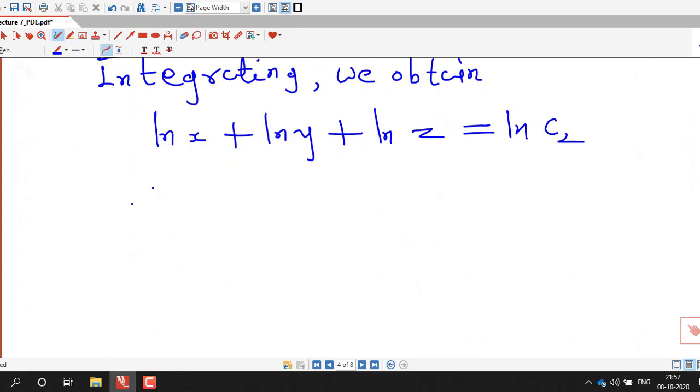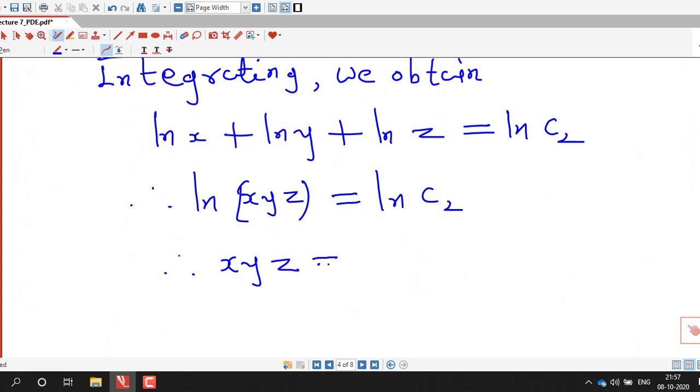Using property of logarithm, this I can rewrite as log of xy into z, which is equal to log c2. And because log is a one-one function, we can write xyz equal to c2. Therefore the second solution is v equal to xyz.